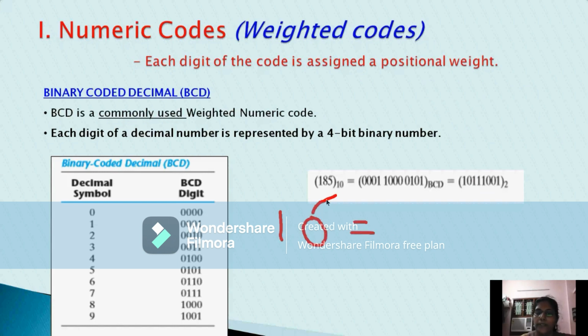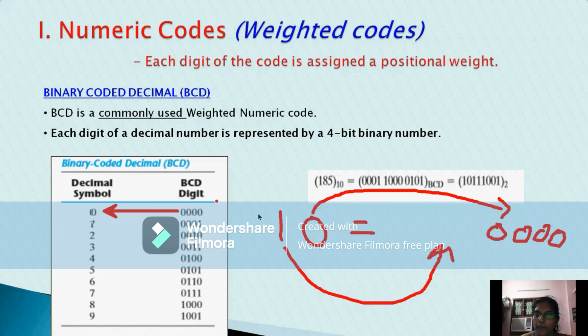For 10, first for this 0, you have to write this side. BCD is what? 4 zeros. So, 4 zeros is the equivalent BCD. Now, for this 1, you have to write here. First this 0, then on the left side you have to write for 1. For 1, you know, 0, 0, 0, 1.